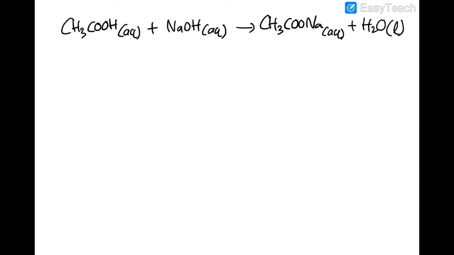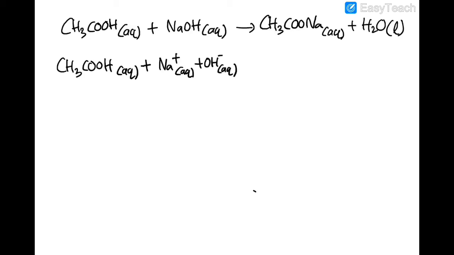So let's write weak acid just as it is. While the base, because NaOH is a strong base, we have to dissociate it because it dissociates completely in water. Okay?